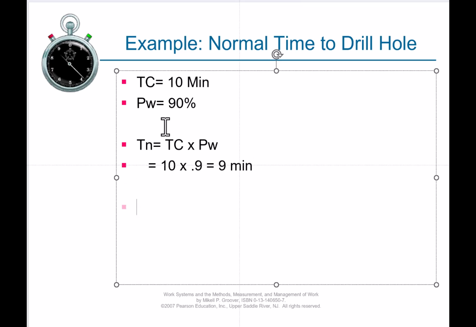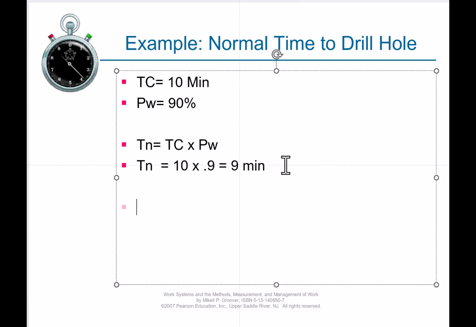So this is one way that we can estimate what the normal time will be. In this case, the normal time is not what we observed, 10 minutes, we actually need to adjust for the performance. Now, what if we have the opposite?